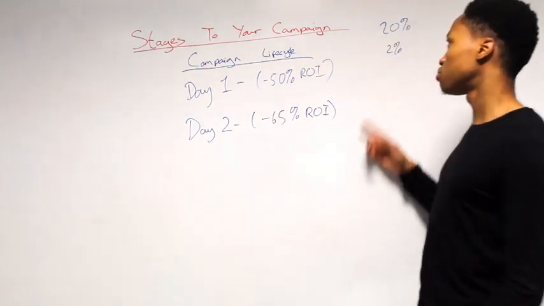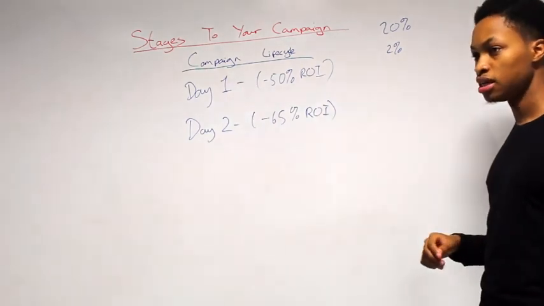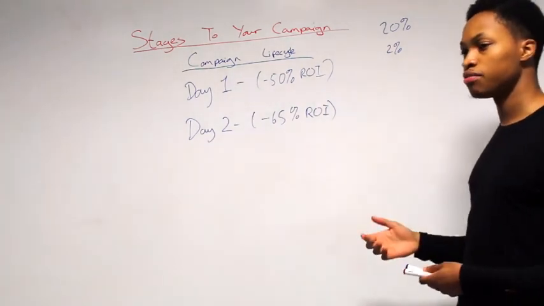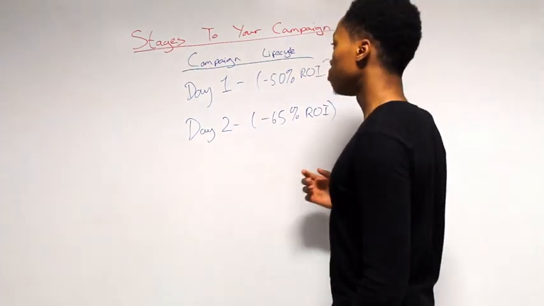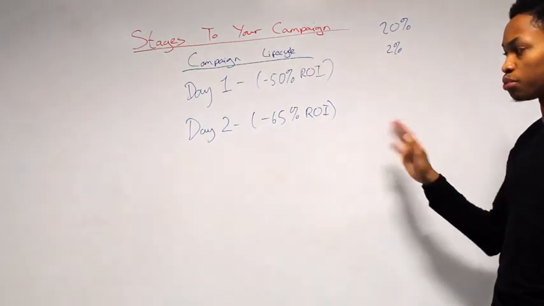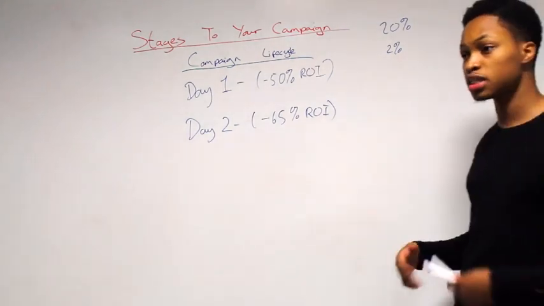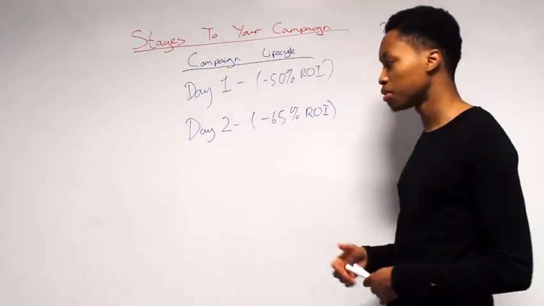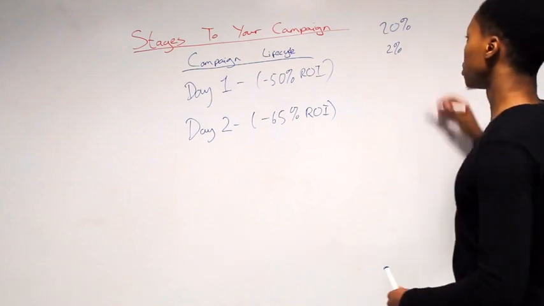I don't want to be spending too much money on sites that have 2% click-through rate, but my average is 20%. So you just want to gauge it by your average. It might not be conversions at this point because again, it's only day 2, but I look at it by click-through rate, and I'll try and ballpark and pause some of the things that might be sucking up a lot of money, might be getting a lot of clicks, but people are just not responding to my landing page and my ad. Okay, so this process is called pruning.